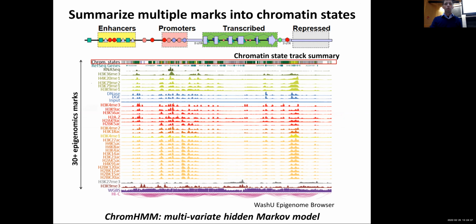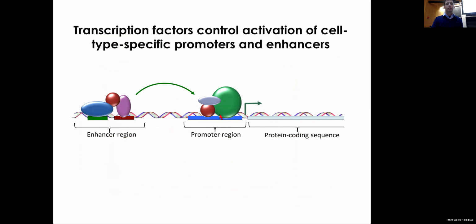Okay, so these enhancers and these promoters have different epigenomic marks, and part of the reason they have different epigenomic marks is that they have different sequence properties that recruit different regulators. Okay, so in the DNA itself lie a sequence of patterns, a sequence of motifs that guide the binding of these regulators.